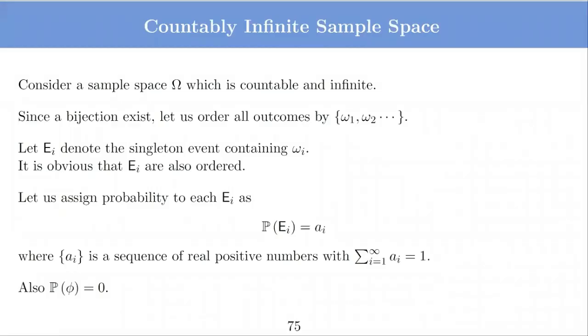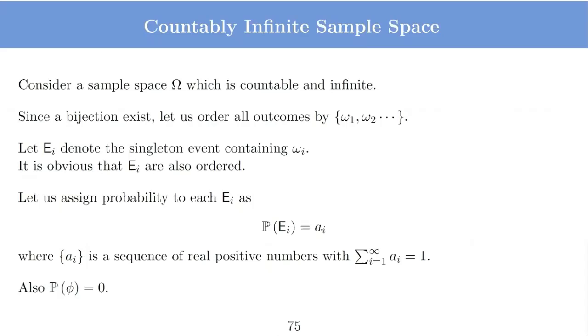We'll move to a countably infinite sample space. So in a discrete probability space, the omega can be either finite or countably infinite. In this case, we will take an example where the sample space is countably infinite. So what is the benefit we get when we say countable? It means there is a bijection from the natural numbers.